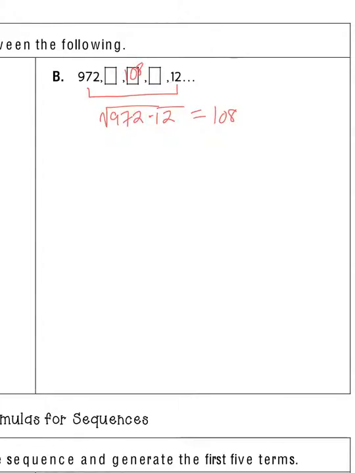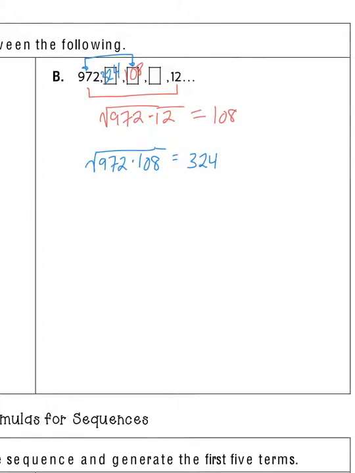Then we want to find the geometric mean again. So I'm going to find the geometric mean between these two. So the square root of 972 times 108. And then my square root is 324, goes here.